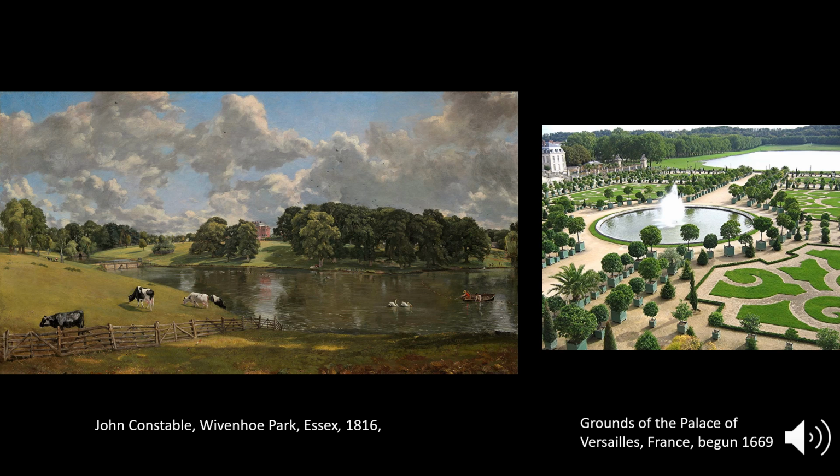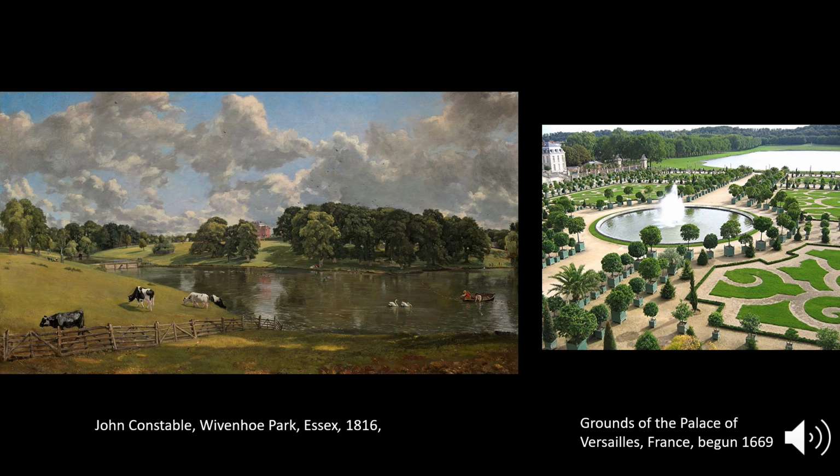aesthetic or landscape options. So on the right, again briefly, you just see the palace, the grounds of the Palace of Versailles. We're looking out from the roof of the palace here. So it's sort of celebrating straight lines and man's mastery over the landscape, right?